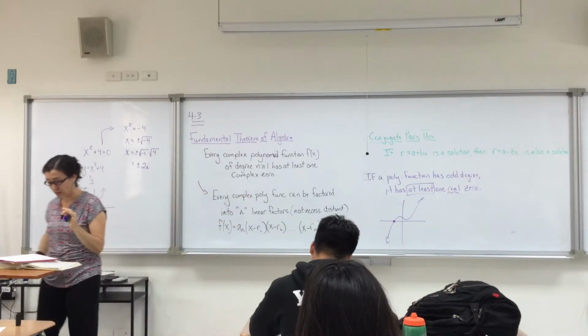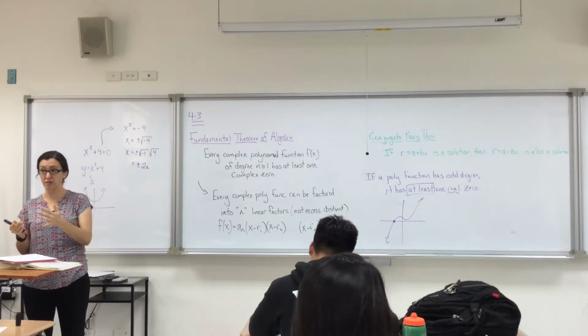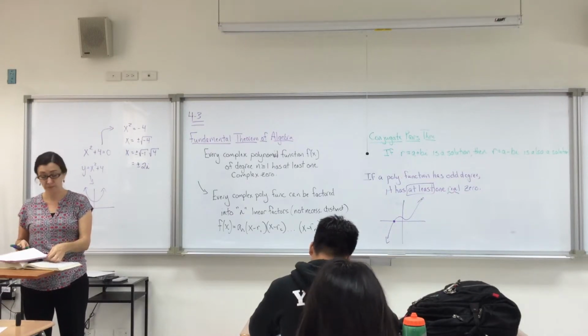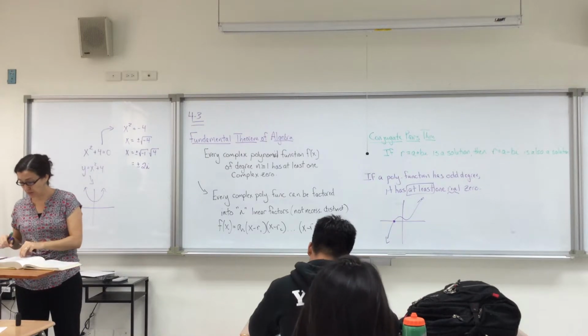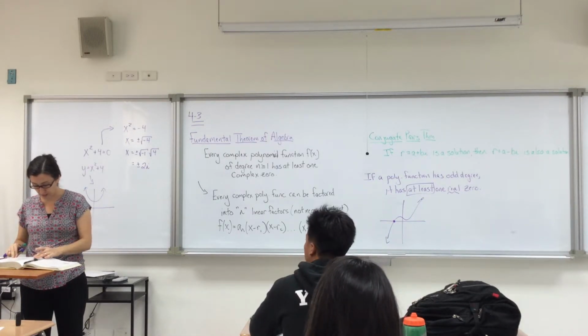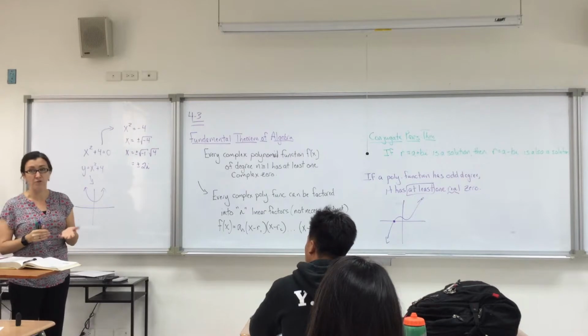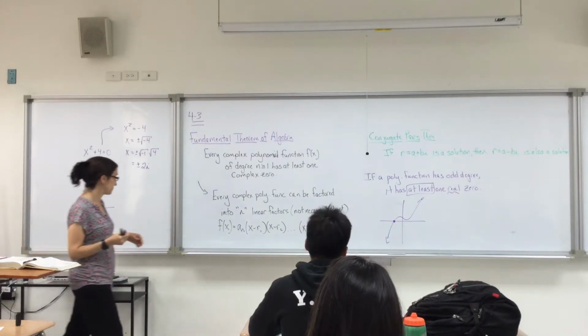Now what we're going to do is a bunch of examples so that you know what your homework's going to look like. The first type of problem: I'm going to give you information on a polynomial function and ask you to find the remaining zeros.